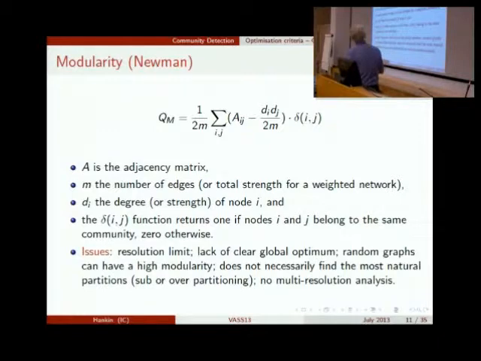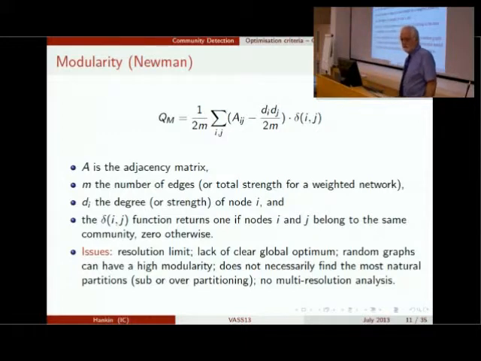Basically, the essential optimization criteria is this quality measure, Q_M. The subscript M indicates that we're talking about modularity, and Q reminds us that we're talking about quality. So you take a split of your network into a set of communities, and you can look at the quality of those communities using this measure.